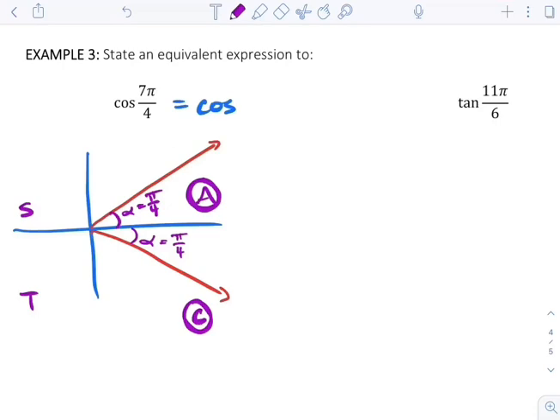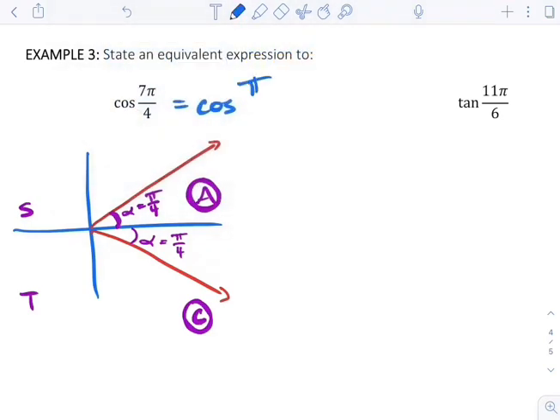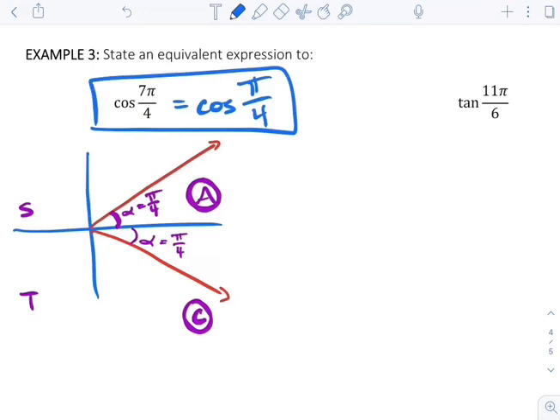So if pi over 4 is a related acute angle in the first quadrant, the related acute angle is the same as the principal angle because it is already between the x-axis and the terminal arm. So that's equivalent to cos pi over 4. These two are the same. If I put these into my calculator, I'm going to get the same value.